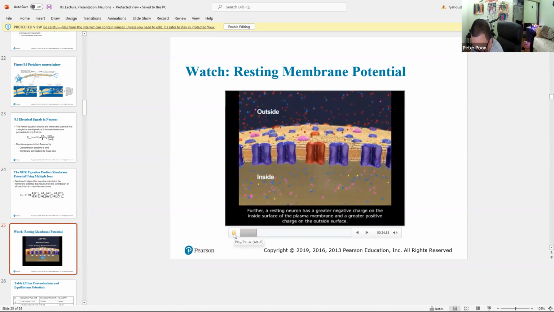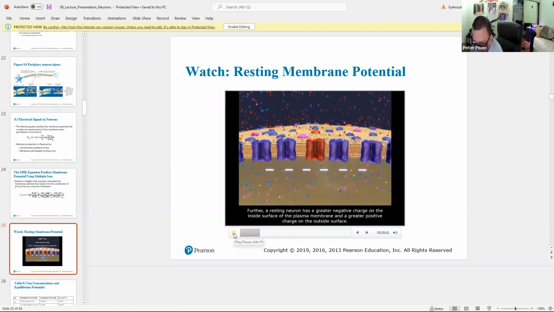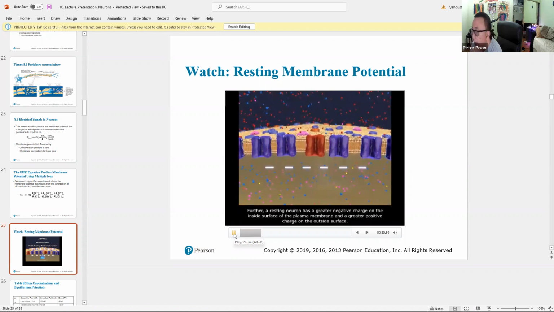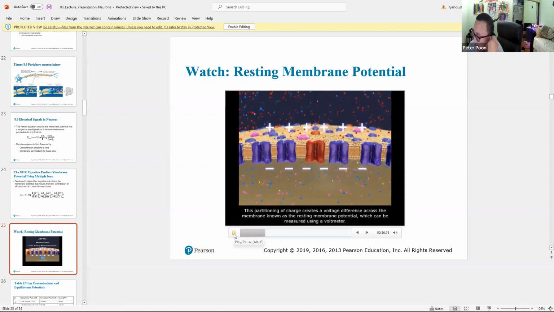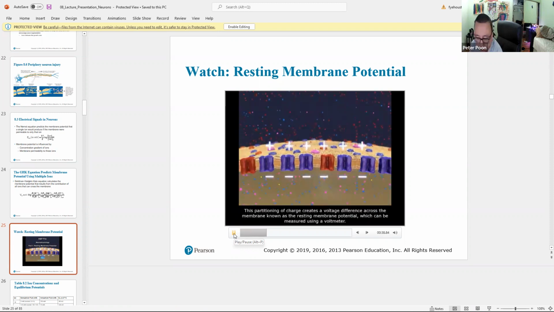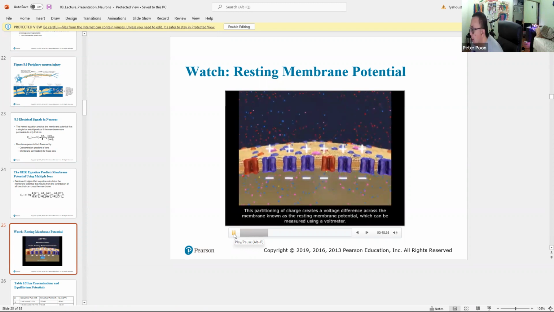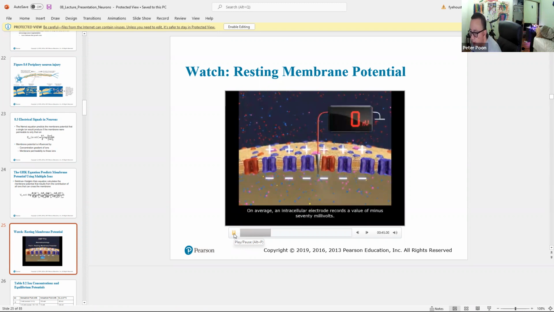A resting neuron has a greater negative charge on the inside surface of the plasma membrane and a greater positive charge on the outside surface. This partitioning of charge creates a voltage difference across the membrane known as the resting membrane potential, which can be measured using a voltmeter. On average, an intracellular electrode records a value of -70 millivolts.